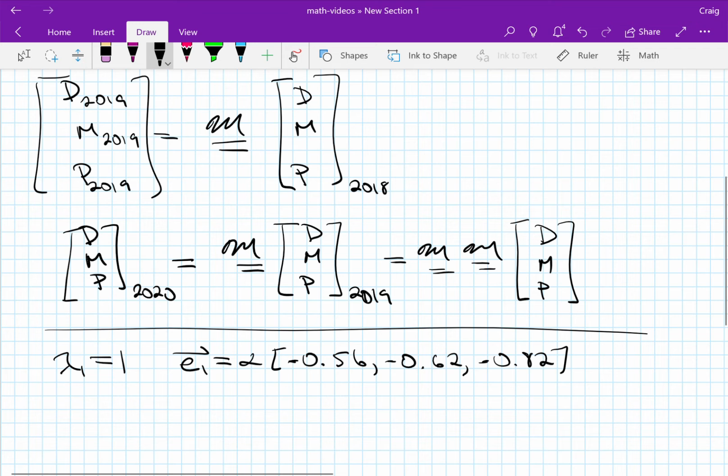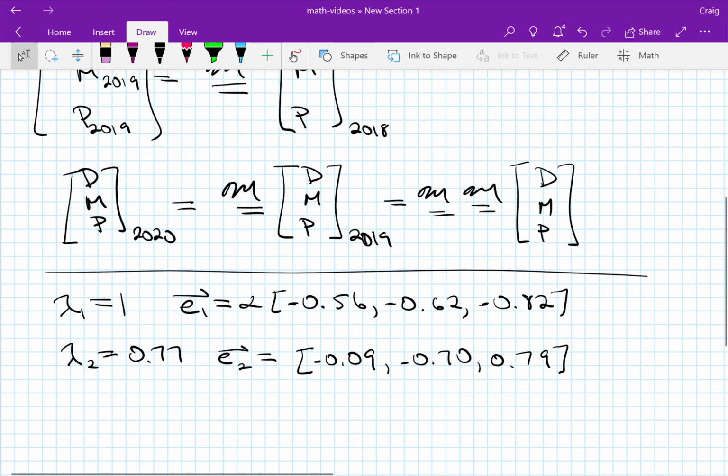And so we can do the same thing for lambda 2, which turns out to be 0.77, and the associated eigenvector for that is equal to minus 0.09, minus 0.70, and 0.79.